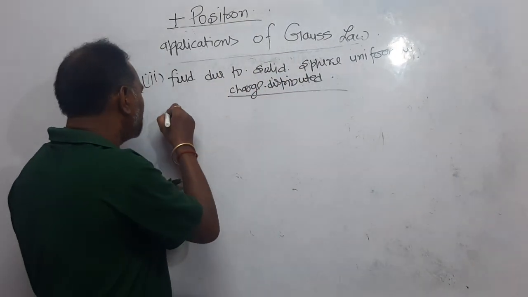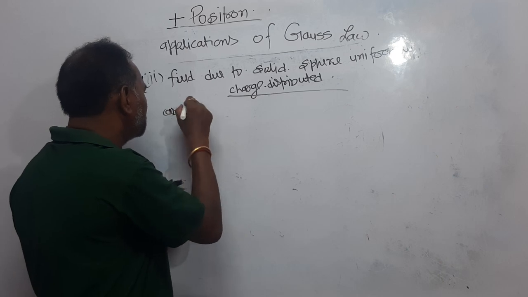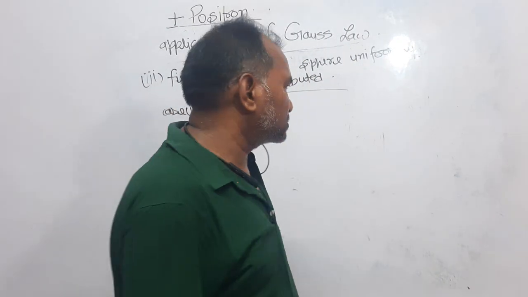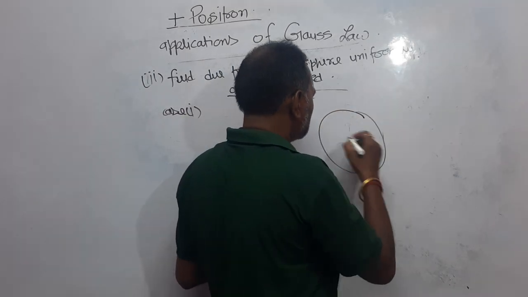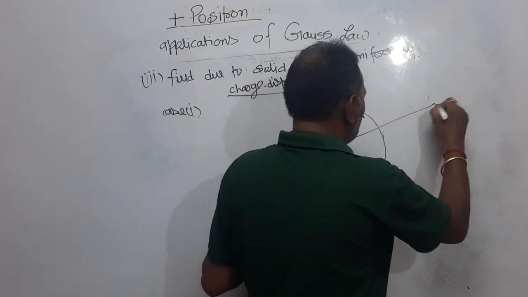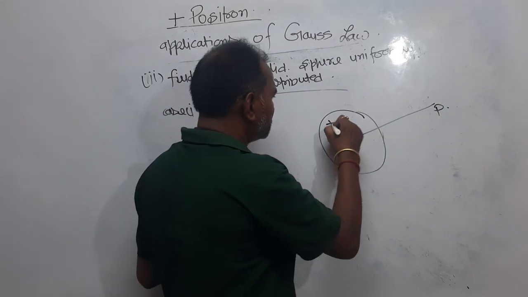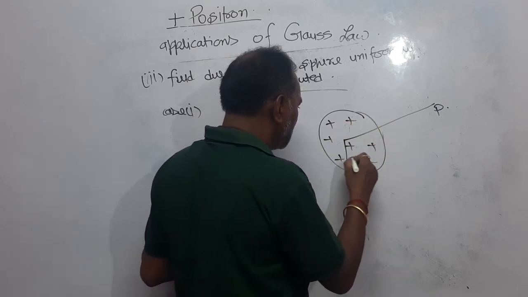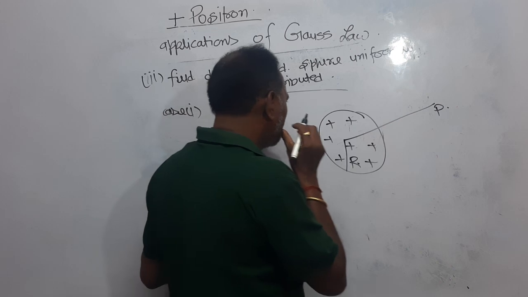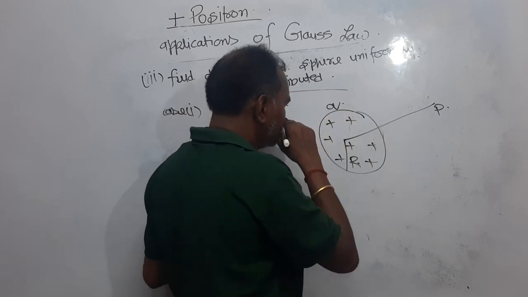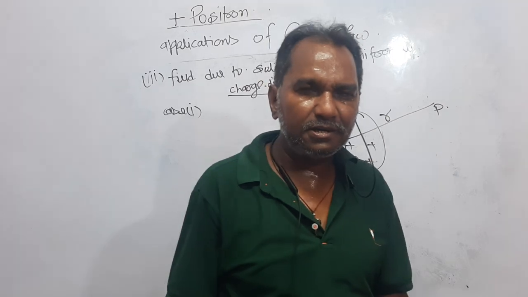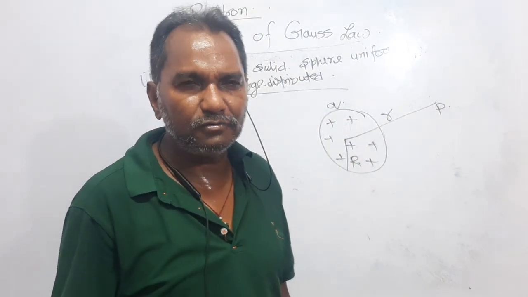Case first, dear students, is when the point exists outside. Let this point be P, and on this sphere charge is distributed uniformly. It has its own radius r. The whole charge distributed is Q, and point P is at some distance from the center of the sphere where we have to find the field.